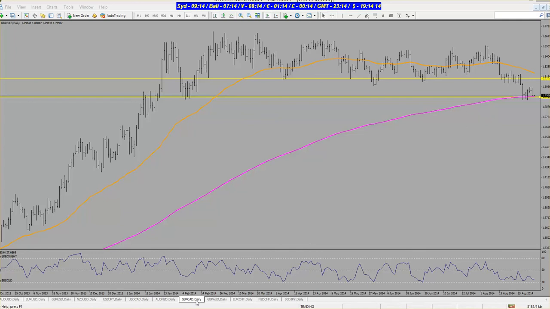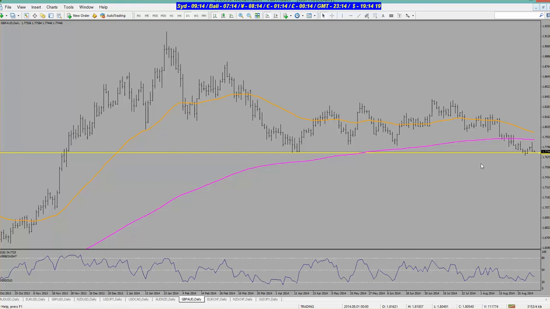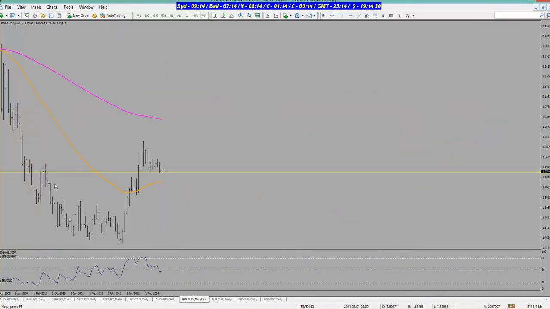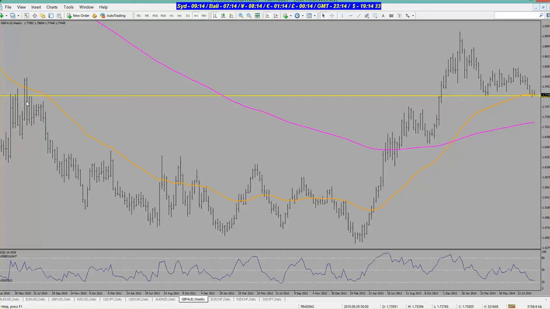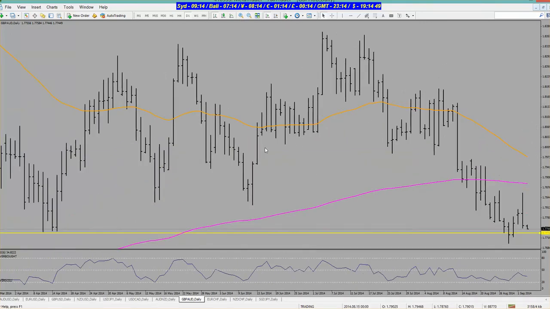Pound Aussie, there was a question on how to manage a phase 2 trade that was taken. There's a bit of support here again. I don't know how strong that is, it's only really one turning point. I'm not sure if it's all that strong. The question was, should I move my stop underneath this?